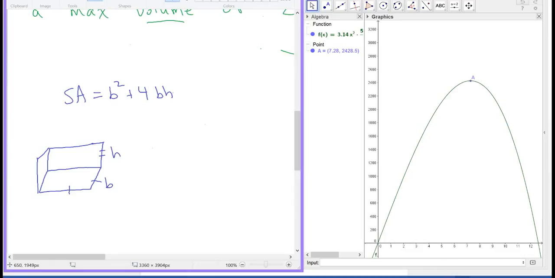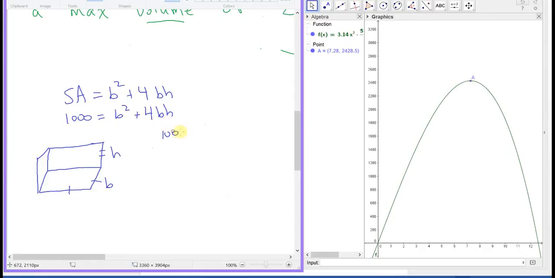Okay, so this is what our surface area is. In the last question, we would pick one thing and find the other. So maybe we pick the base and then guess the height. We have 1,000 is equal to b squared plus 4bh. So similar to the cylinder, we can isolate the h.